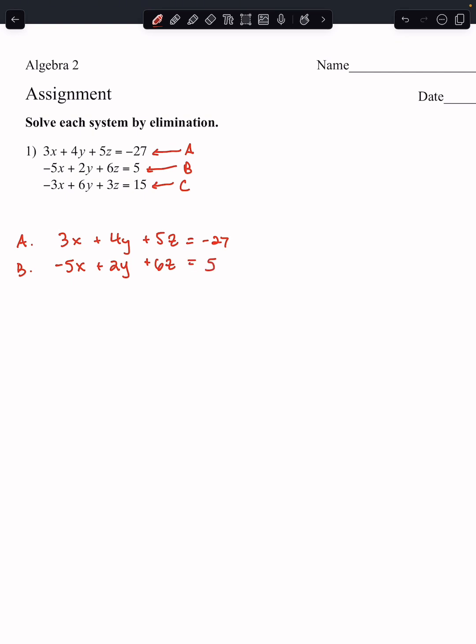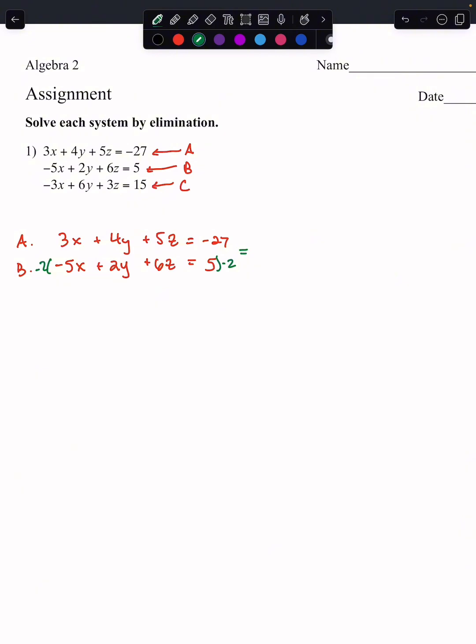Okay, so I want to cancel out the y's. So what I'm going to have to do is multiply this bottom row by negative 2. The whole thing.